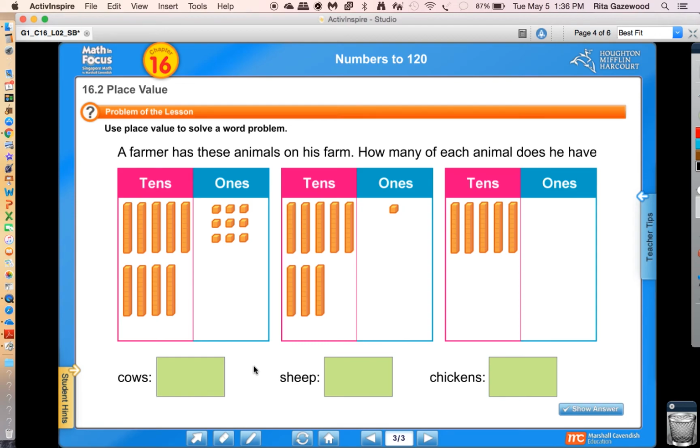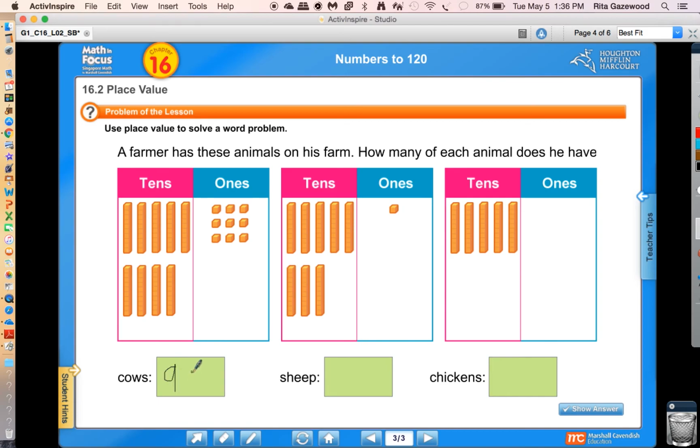Do you have your answer? All right, let's check it. So let's count by our tens and our ones. 10, 20, 30, 40, 50, 60, 70, 80, 90, 91, 92, 93, 94, 95, 96, 97, 98, 99. Did you come up with 99?